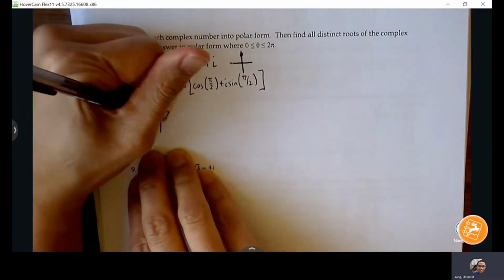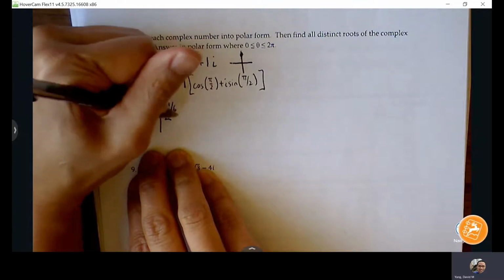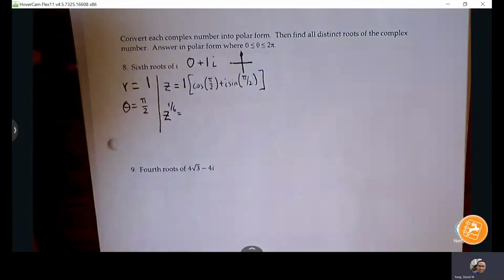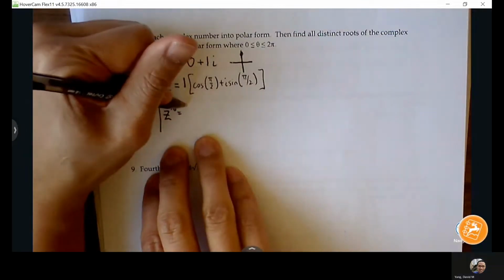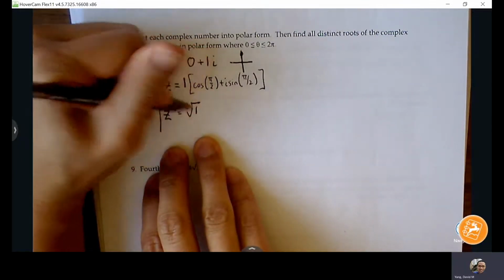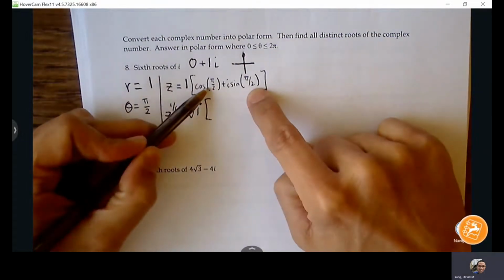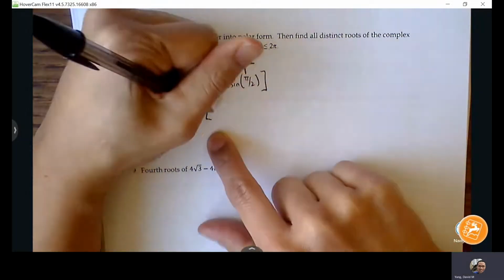So let's adapt this here. So z to the 1/6 is equal to the 6th root. Anytime you see a root, you know it's going to be 1 over that number. So the 6th root of 1 is just going to be 1. But you're going to multiply that 1/6 through each of these degrees.